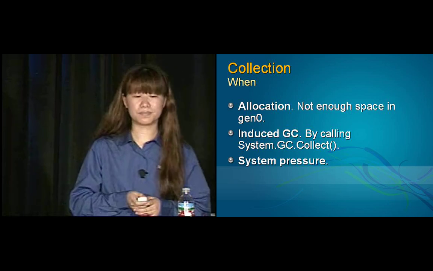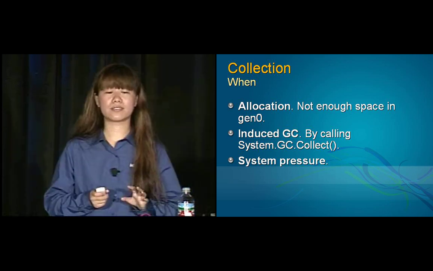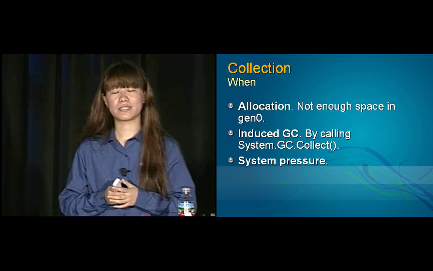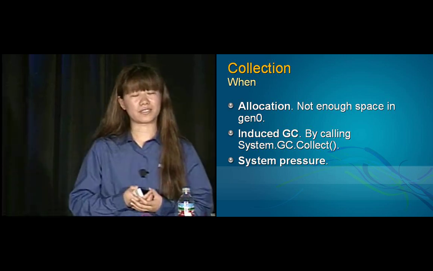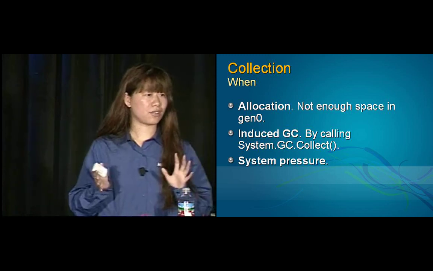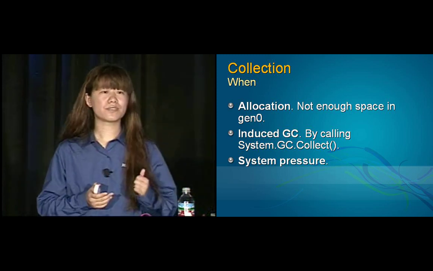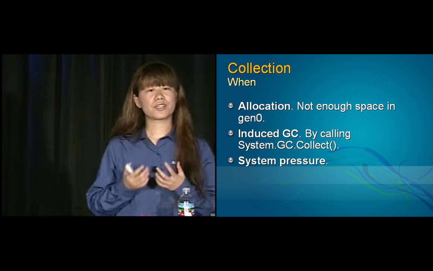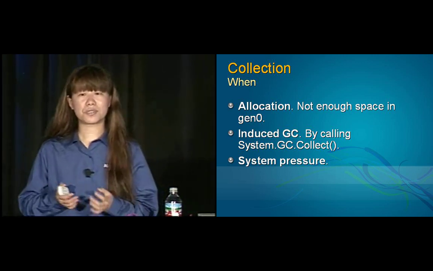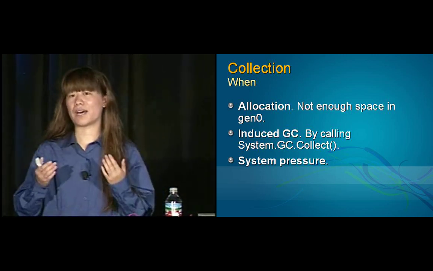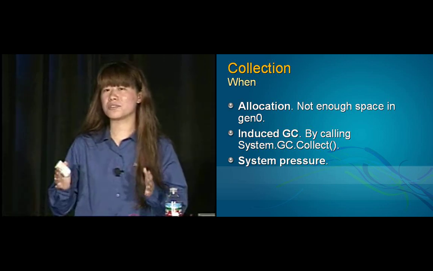I wanted to talk about calling GC.Collect, because a lot of you have heard that you should not call GC.Collect yourself. So why shouldn't you? The first reason is that it's very hard to predict how often you're actually calling GC.Collect. A lot of people say, oh, I know how often I'm calling it, and I think it's not going to be a problem.